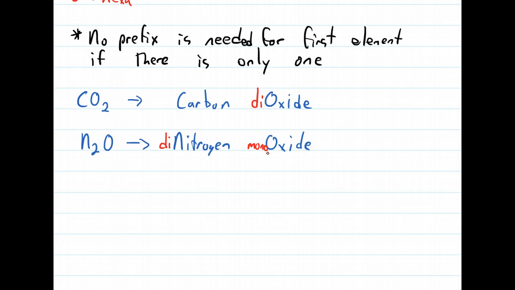So it becomes dinitrogen monoxide. Does the prefix have to be capital? I don't think so, no. And would you capitalize after the prefix? No, you don't have to capitalize the first letter of the element. I just did that for emphasis.